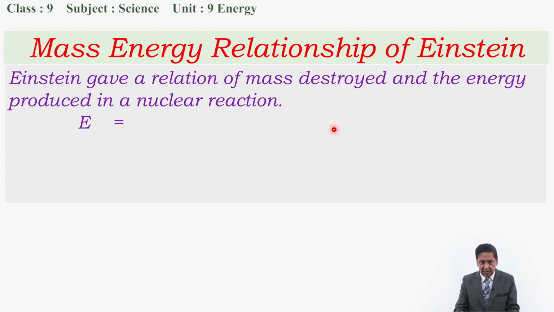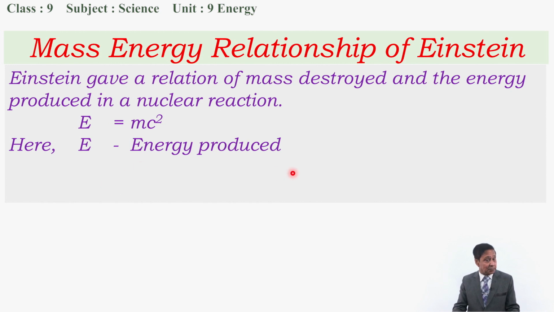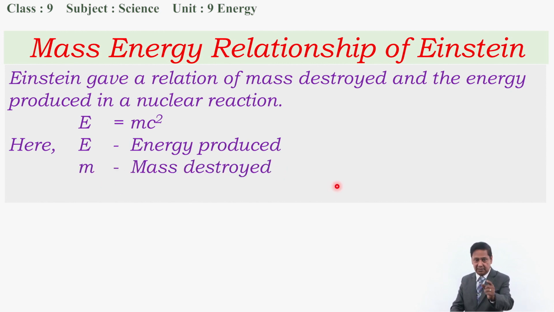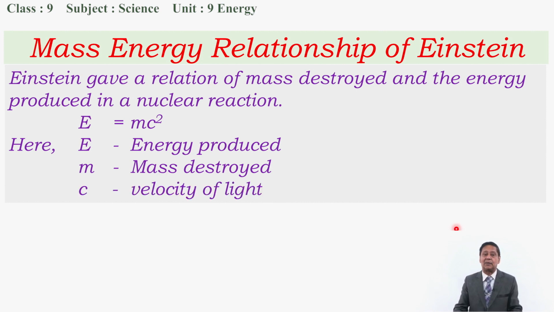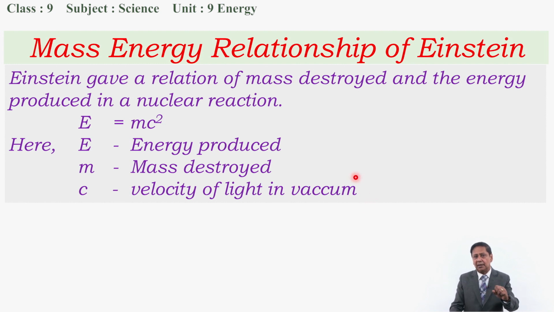According to him, the equation is E equal to mc square. Here, E is energy produced, m is mass destroyed. Remember this, not only mass, mass destroyed, and c is velocity of light in vacuum. Using this equation E equal to mc square, we can solve numerical problems also.